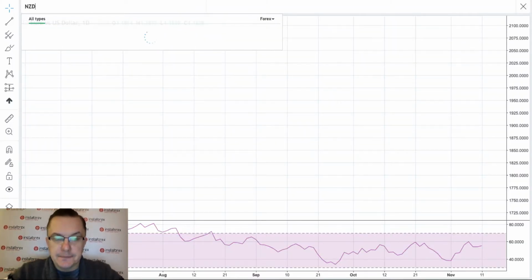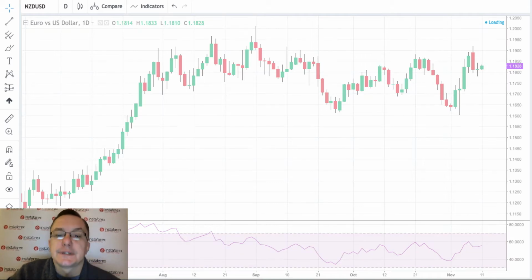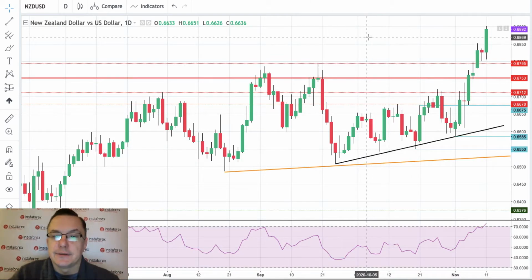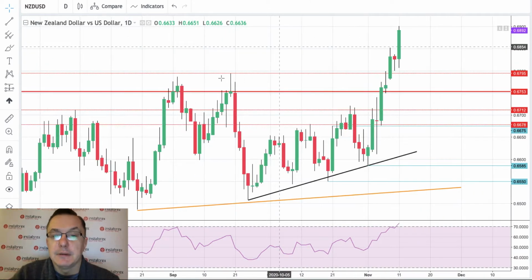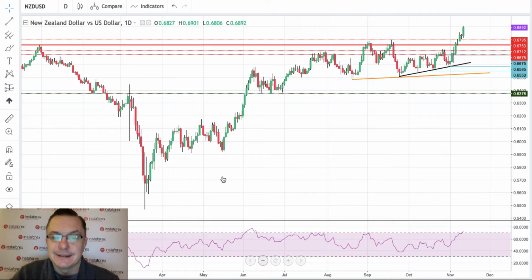The New Zealand dollar is our first currency of choice. As you can see, we are flying high. Remember, this head and shoulders pattern has been invalidated recently. As you can see, the lows of this year from 19th of March 2020 are here. This was supposed to be a head and shoulders pattern.